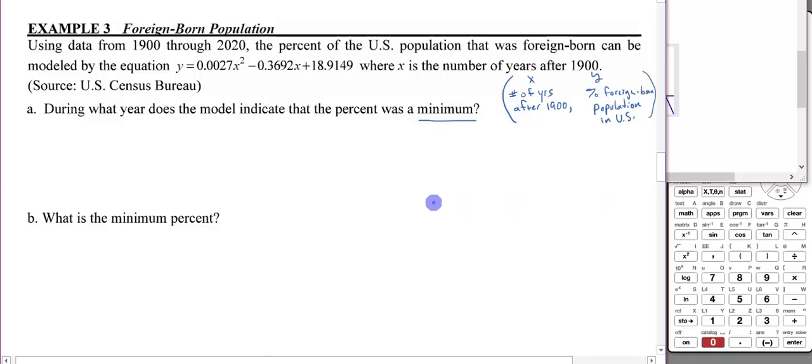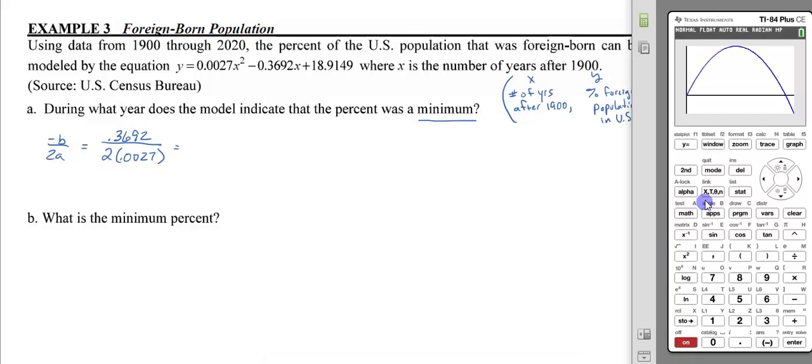So we go ahead and can do that with the vertex formula. So we're going to have a negative of b over 2a, and that gives me a positive 0.3692 divided by 2 times 0.0027. Let me put that into the calculator.